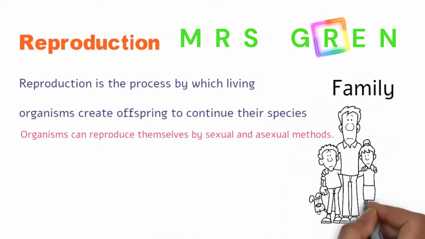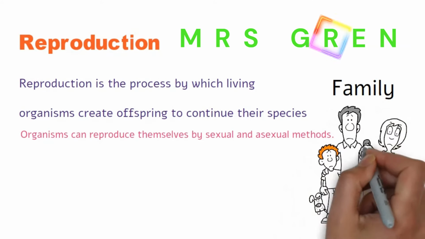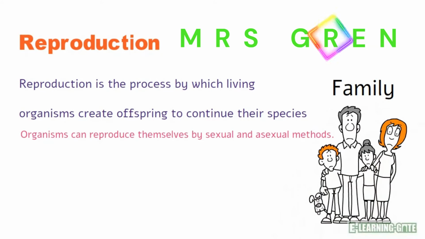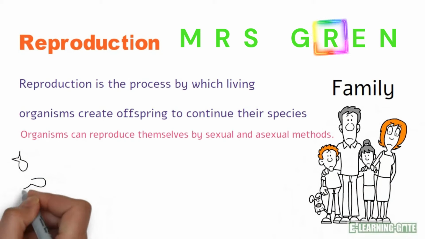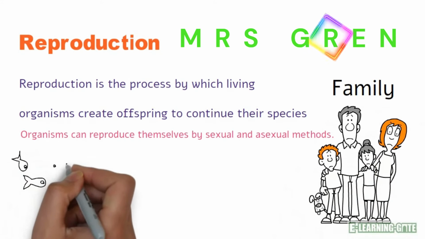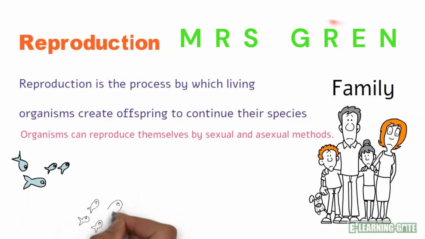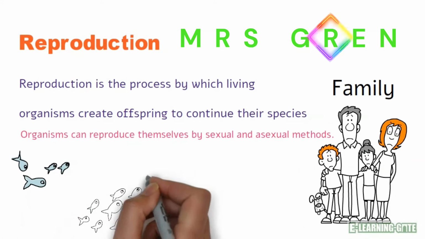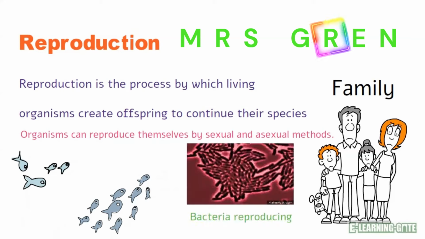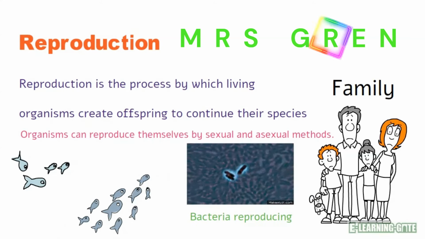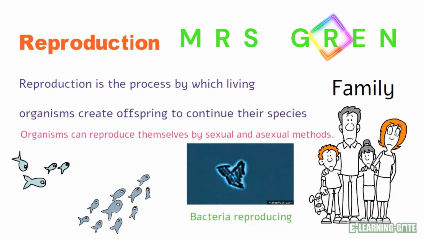You have seen how our family members increase with time. The rate of reproduction is different in different organisms. The process of reproduction exists even in unicellular organisms like bacteria.